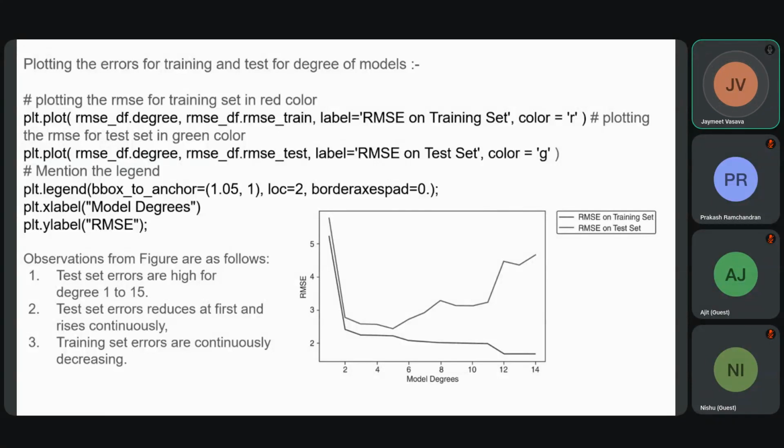When we plot the graph for the train and test data sets, this is the graph that we get.